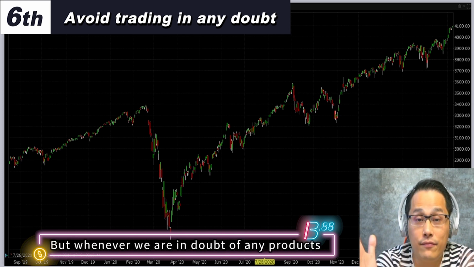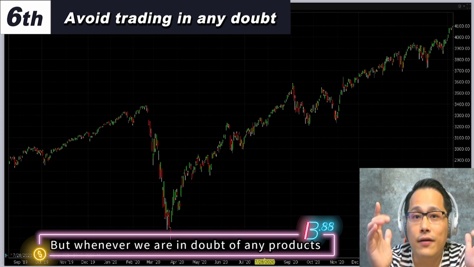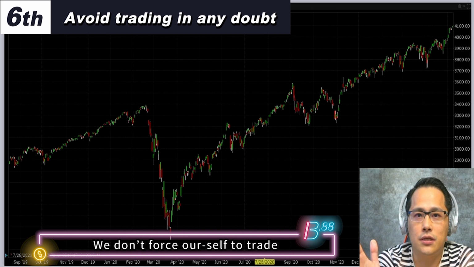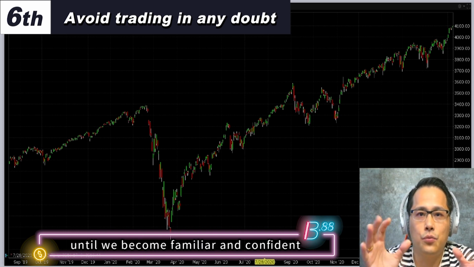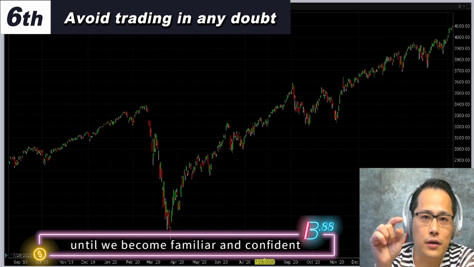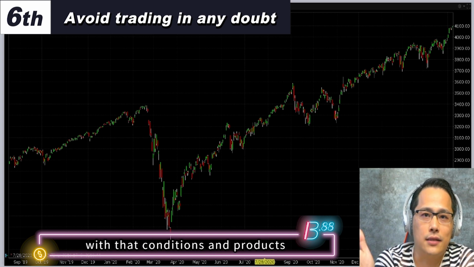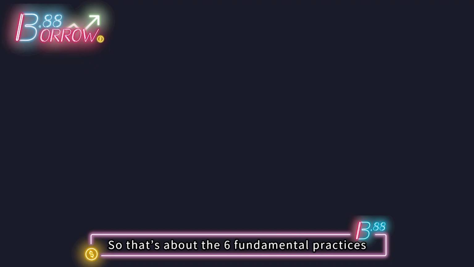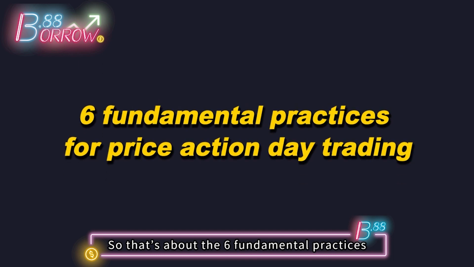But whenever we're in doubt of any product or market condition, we just stop trading. We don't force ourselves to trade until we become familiar and confident with that condition and product. So that's the 6 fundamental practices for price action day trading.